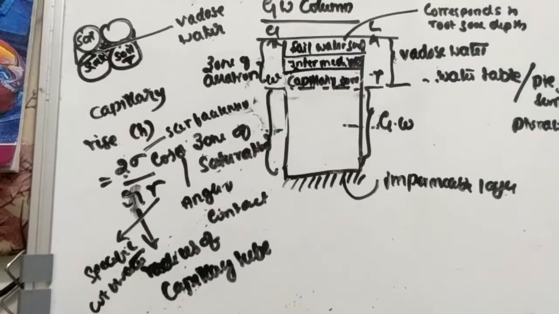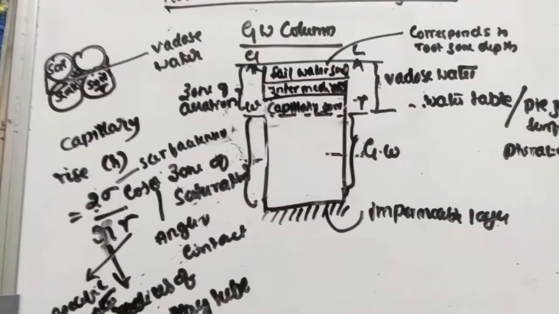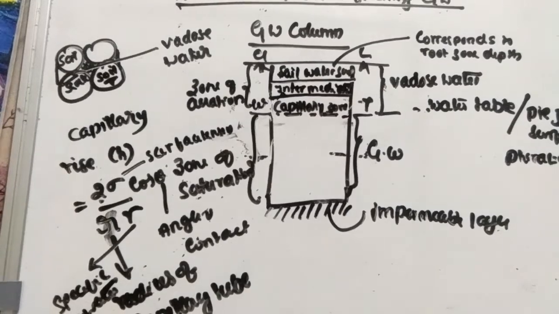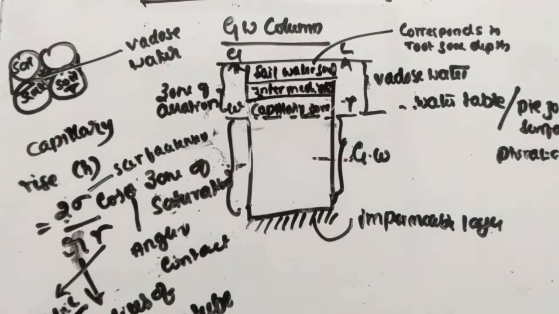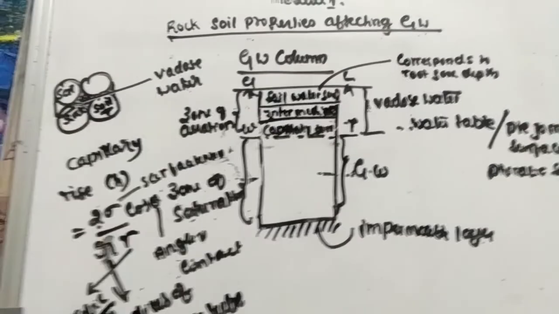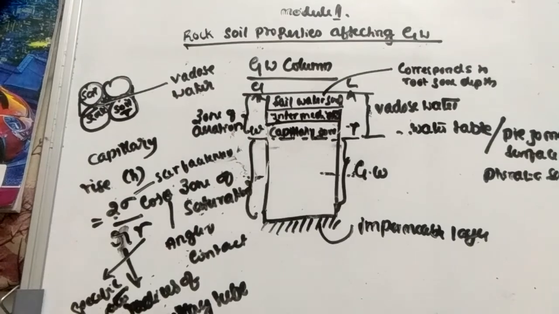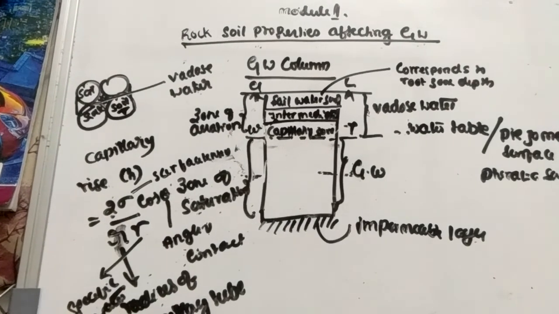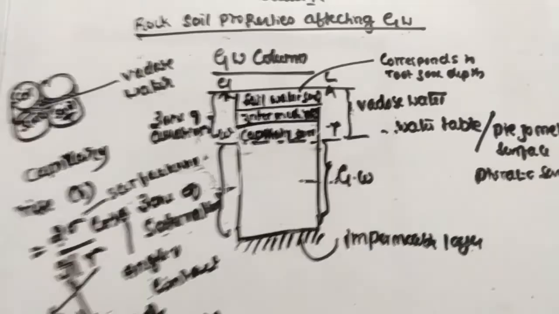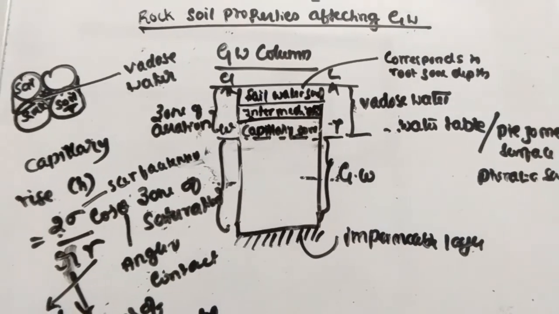As I said, the capillary fringe will happen. This concept we generally use for soil layers. Next we'll discuss the types of aquifers and everything.